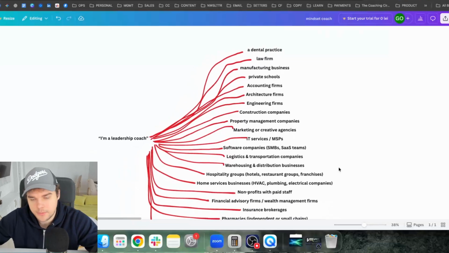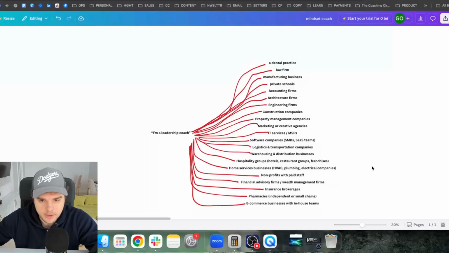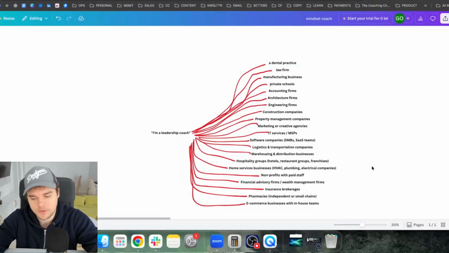This is the problem. A lot of times coaches, the way they present their offer and the way they advertise themselves, they are so broad that they don't even have an ideal client. So what I mean by that is, in your mind, you probably do have an ideal client. You're thinking, okay, my ideal client is going to have the money to pay me, right? They have this trait, they have this characteristic, they're going to put in the work, they're going to follow my advice, they're not going to complain too much, blah, blah, blah.